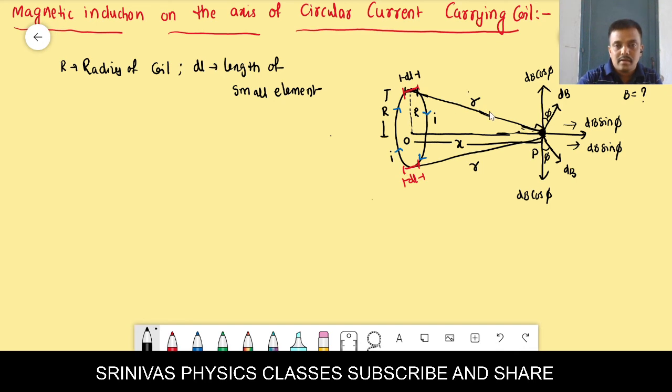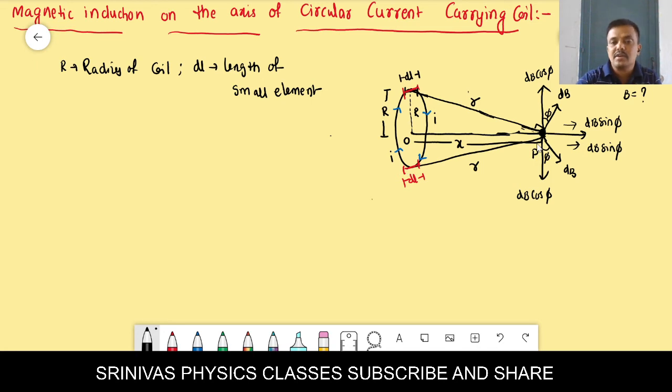The dB is perpendicular to r and perpendicular to dl. And due to this other element dl also, the magnetic induction is dB, and that dB is also perpendicular to small r. Small r is the distance of the element from the point.